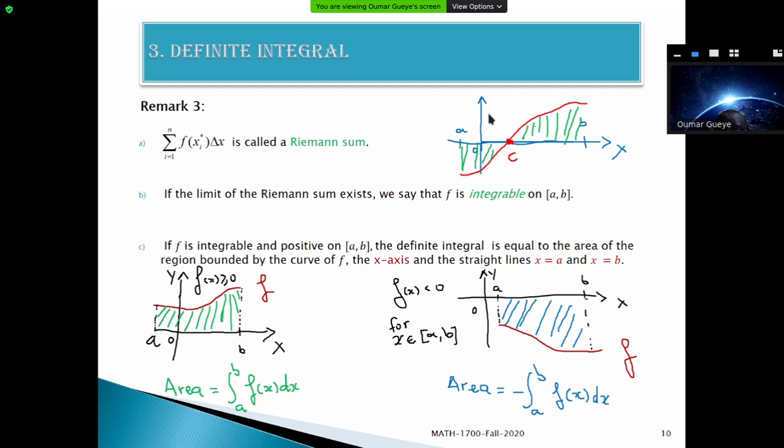That's exactly what happens between A and C. And when we consider the interval CB, we apply what I said on the left, at the bottom of your screen. So you calculate the integral from A to C, applying the fact that the function is negative, and between C and B, the function is positive, so you apply exactly what I said about the positive function.